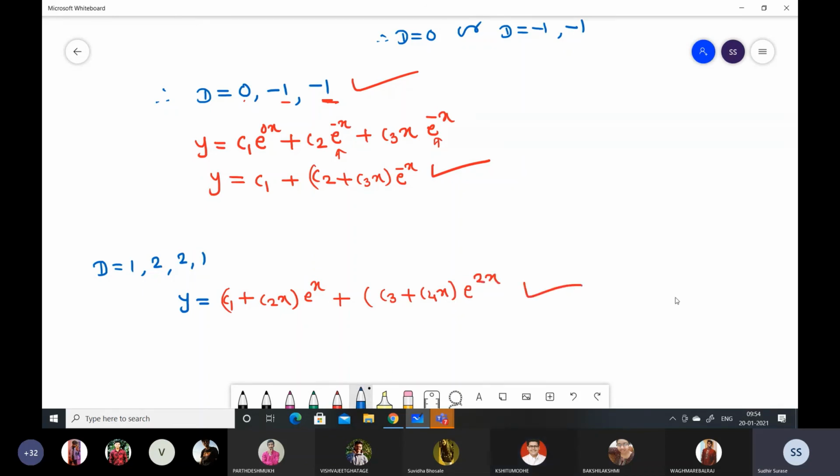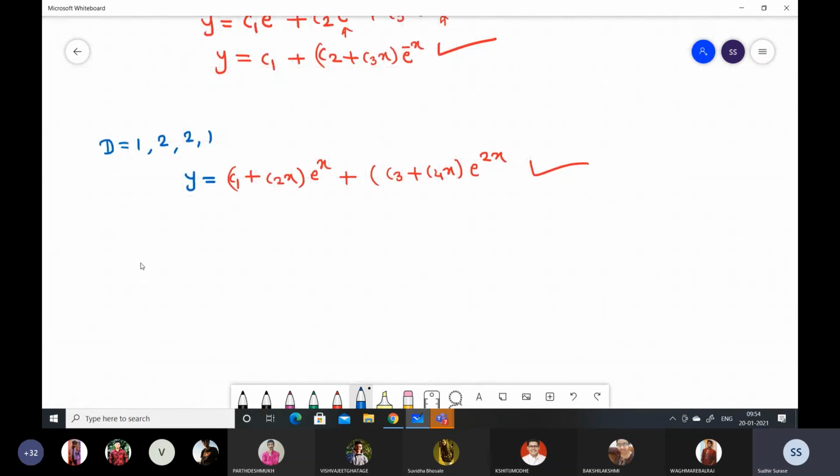And now if we have another case, let's say d is equal to minus 1, minus 1, minus 1, and they can be rational numbers 1 by 2 and root 2.